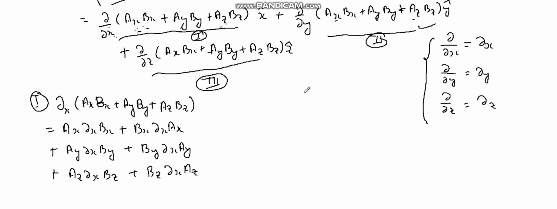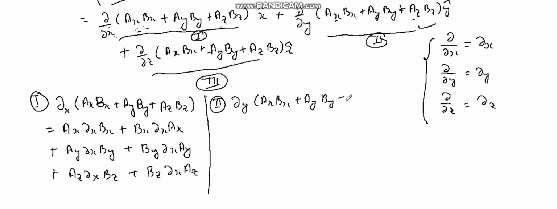Okay, so similarly I will expand the second term here, which is del y (ax bx plus ay by plus az bz), right?